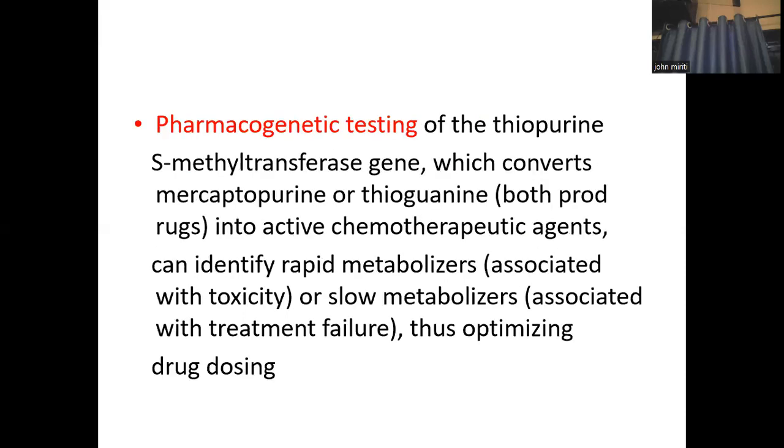So, pharmacogenetic testing of the thiopurine S-methyltransferase gene, which converts mercaptopurine or thioguanine, both prodrugs, into active chemotherapeutic agents, can identify rapid metabolizers associated with toxicity or slow metabolizers associated with treatment failure, thus optimizing drug dosing.